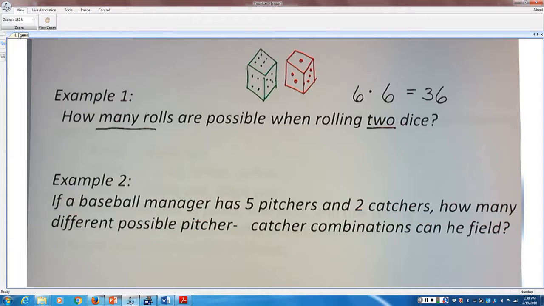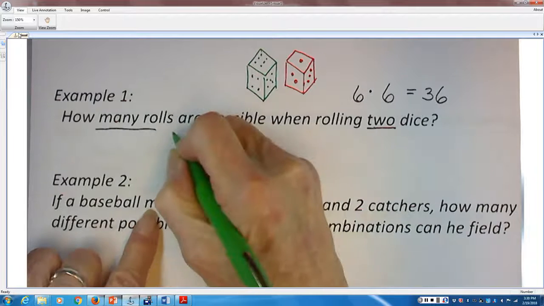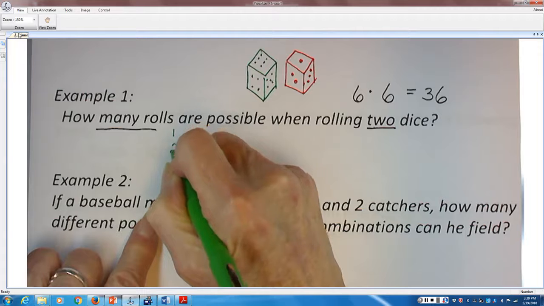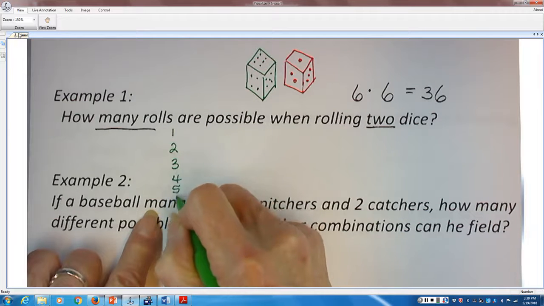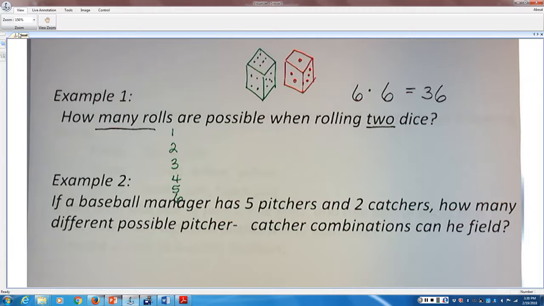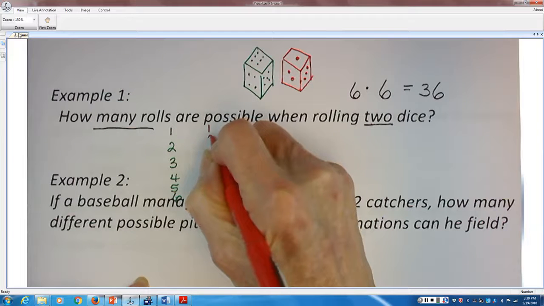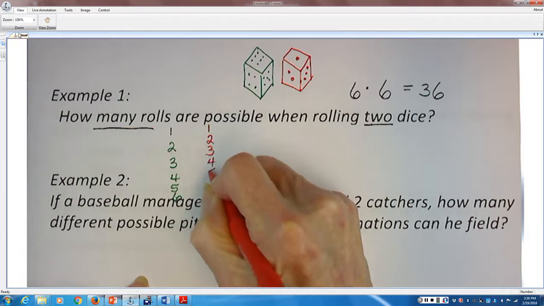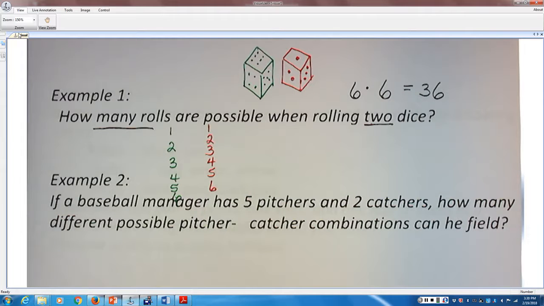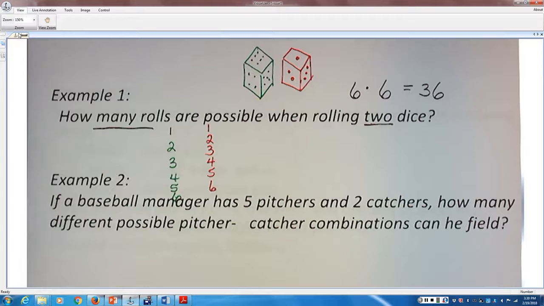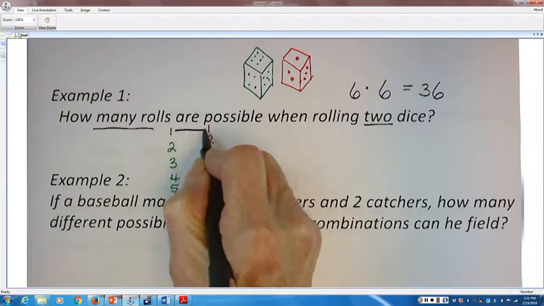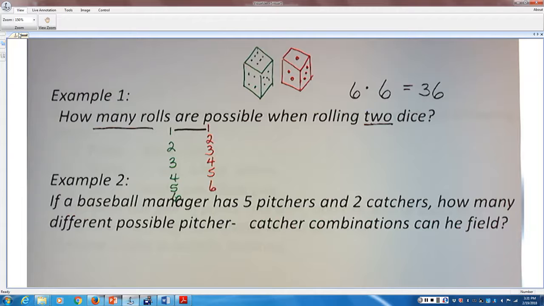So if I suppose that my green die has 6 different possible outcomes, that would be 1, 2, 3, 4, 5, 6, but then so does my red die. So while it would be possible to have 1 and 1, a double 1 or 2 1s, that's really not going to look any different regardless of which one hit the table first.